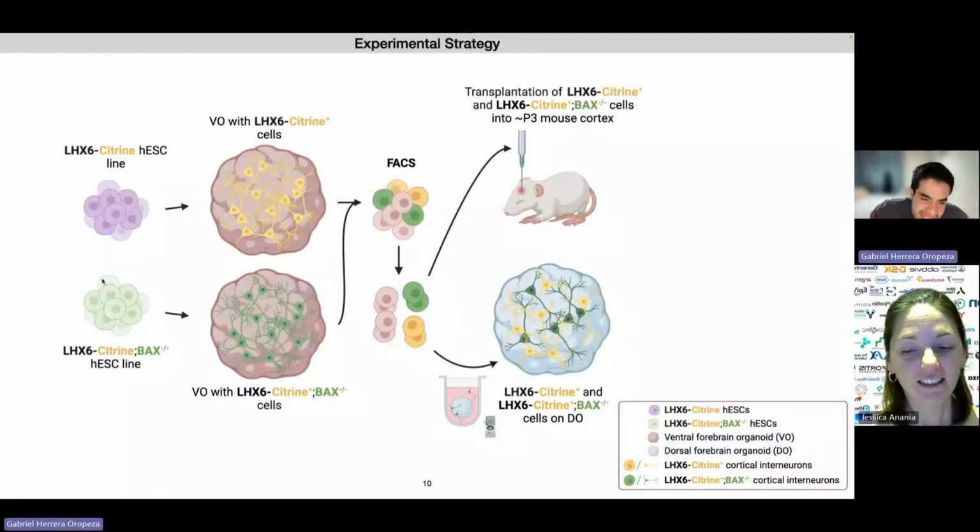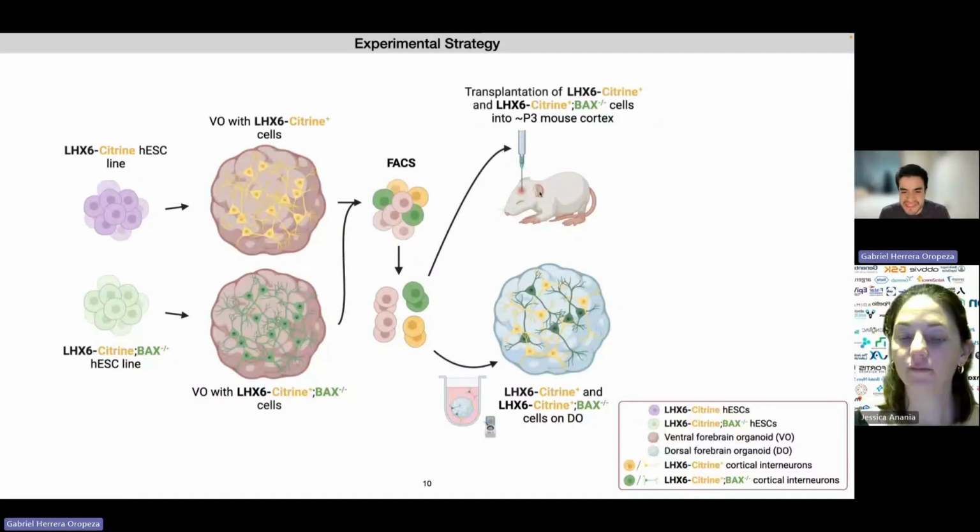And so the idea is basically to generate ventral organoids. As I mentioned before, these are the organoids where interneurons are generated. One with the mutant cell line and one with the wild type cell line. And then isolate the wild type and the control interneurons, and transplant them into the mouse cortex in equal proportions, or culture them in a dorsal organoid.